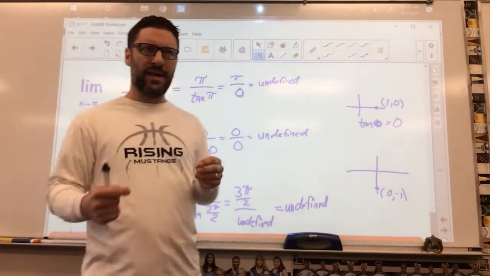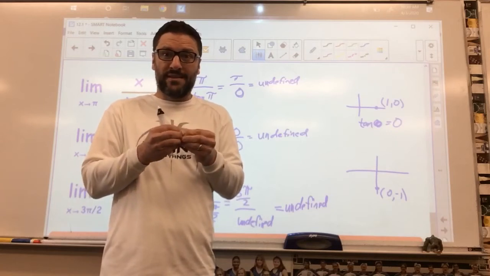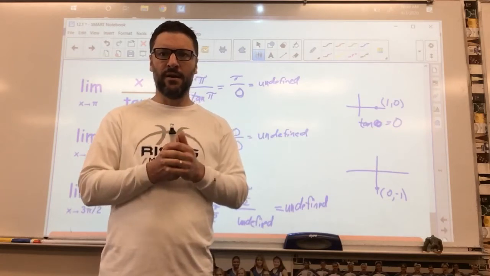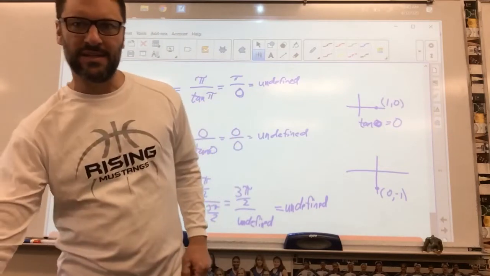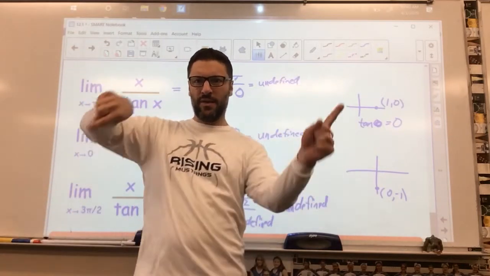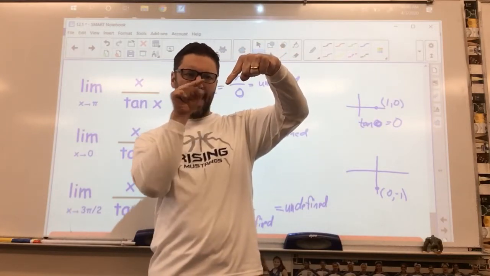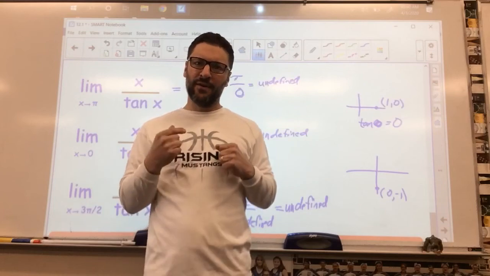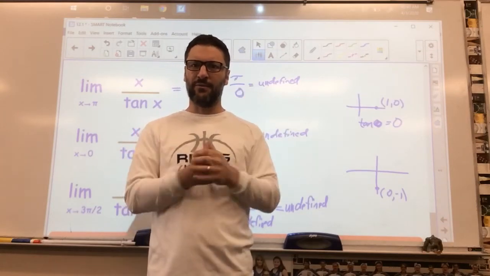At 0, I get a value that doesn't even exist. There might be a hole or an asymptote there. But it doesn't necessarily mean the limit doesn't exist at that point, because maybe there's a little mini hole there, and at the point itself it's undefined, but on each side they're approaching some value that we're going to find.